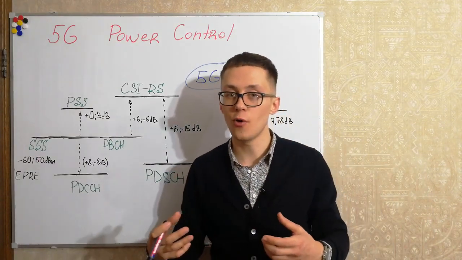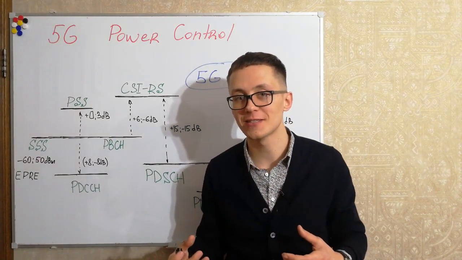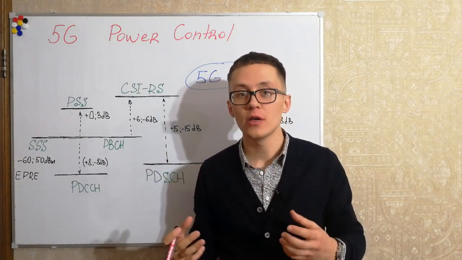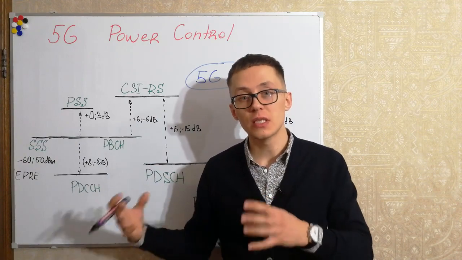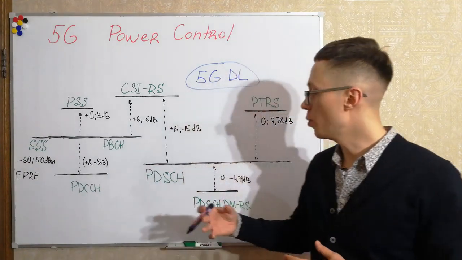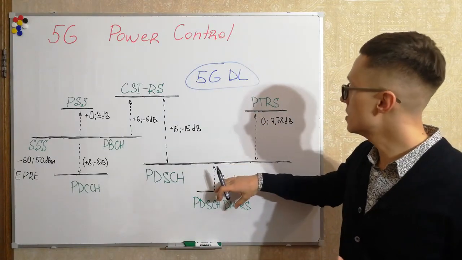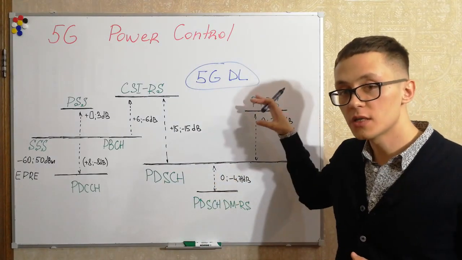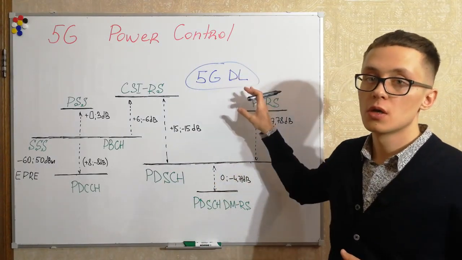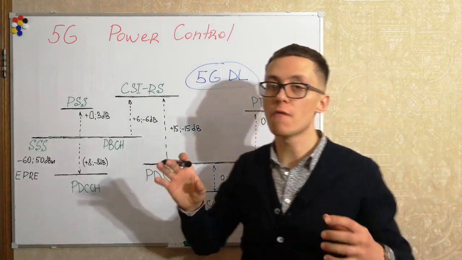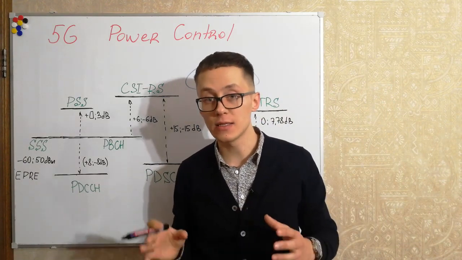So there is a kind of law of nature that the total power remains the same. And only if we take some power from some signals can we boost our reference signals in the downlink direction. This is very important to know and understand.